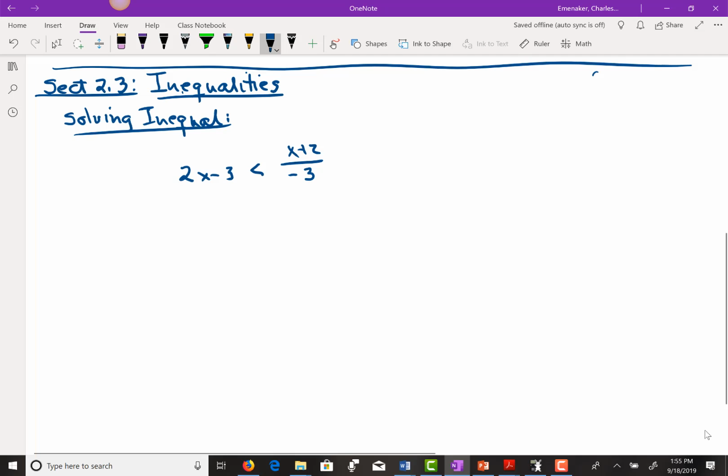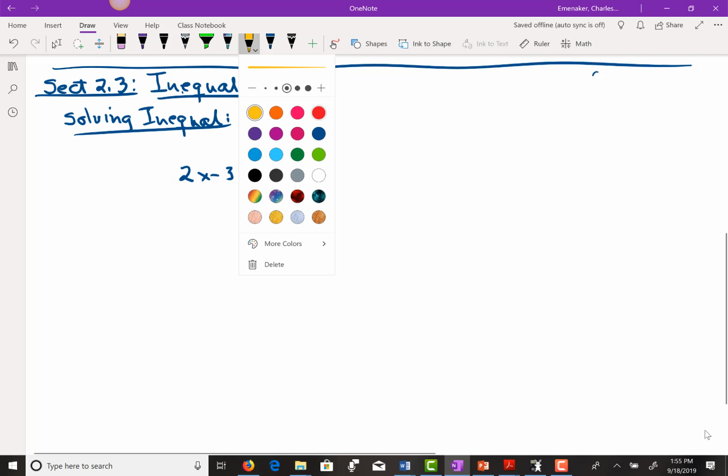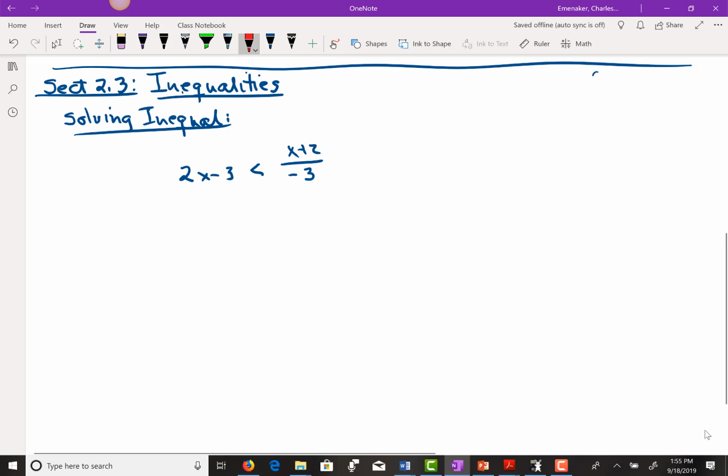Yes, sir. Okay, we can multiply both sides by a negative 3 even. Do you buy that? If we multiply this side by a negative 3, that means we have to multiply this side by a negative 3, and that'll allow these to cancel.